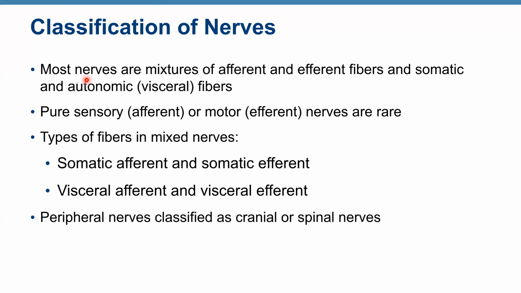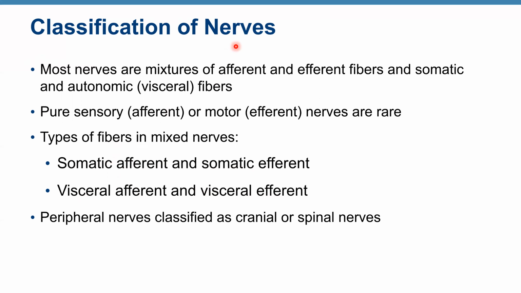Most nerves are mixed. That means they have both sensory fibers and motor fibers. Some are pure sensory or afferent, and some are pure motor or efferent. However, those are rare, and only cranial nerves can be pure sensory or pure motor. Mixed nerve will include somatic afferent and somatic efferent fibers, and visceral afferent and visceral efferent. So afferent are sensory.